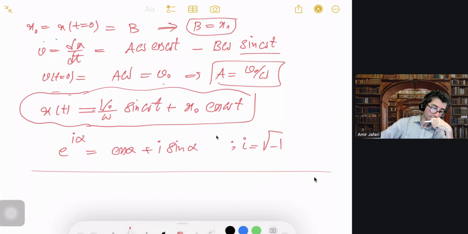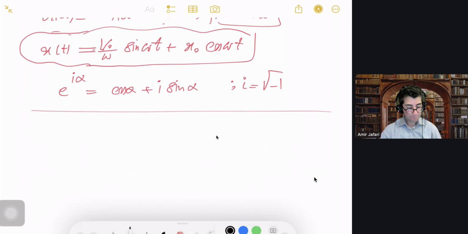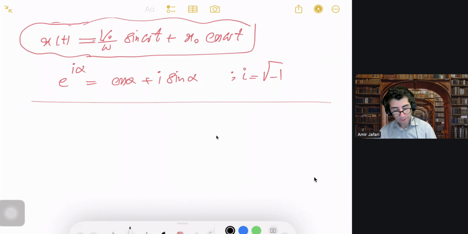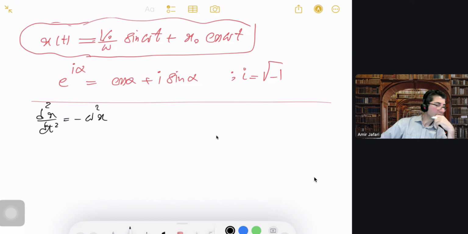And another way to solve this differential equation, which might be useful for you in other problems, other than guessing, is that you can use a change of variables.